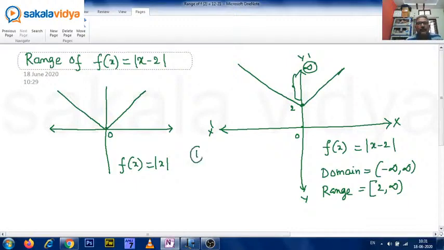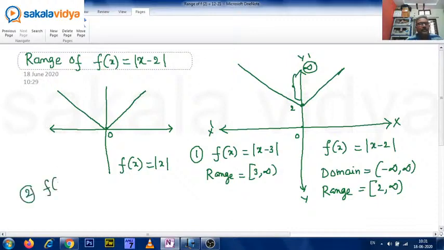So that's why, for example, f of x equals mod of x minus 3, the range will be easily, now you can say, closed 3 to infinity. Suppose the function is f of x equals mod of x minus a.